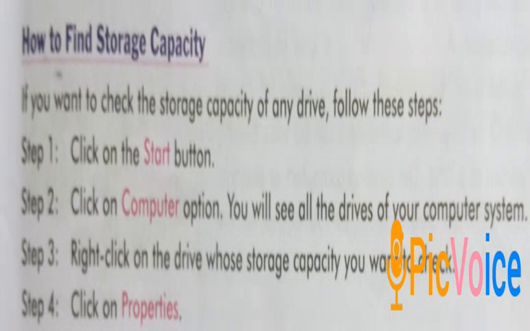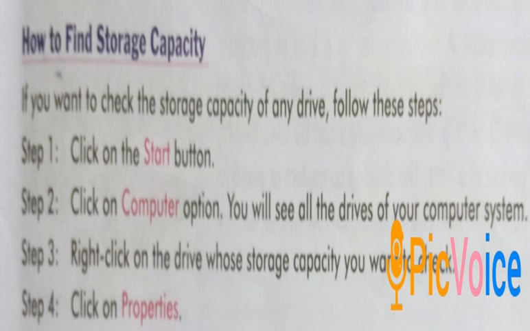My dear students, how to find storage capacity? If you want to check the storage capacity of any drive, then you have to follow these steps. Step 1, click on the start button. Then step 2, click on computer option.